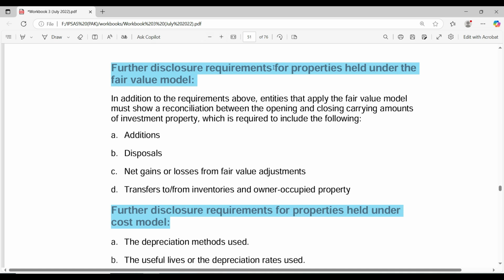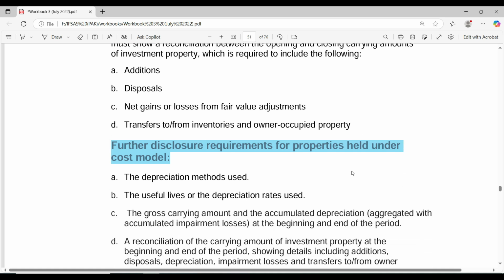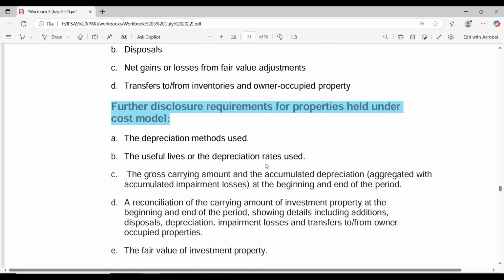Further disclosure requirement for properties held under fair value models. So you should disclose the additions, disposals, net gains or losses from fair value adjustment, and transfers to and from inventories and owner-occupied properties. And if you use the cost model, you should disclose the depreciation methods used, whether it is straight line or reducing balance or any percentage.